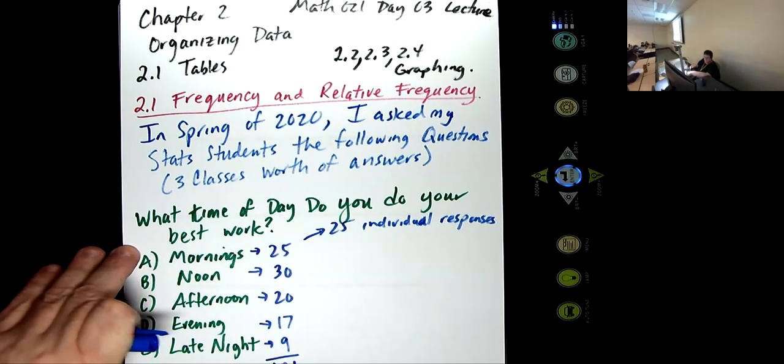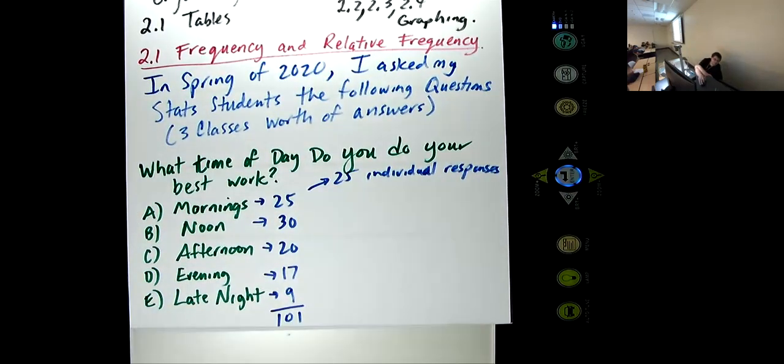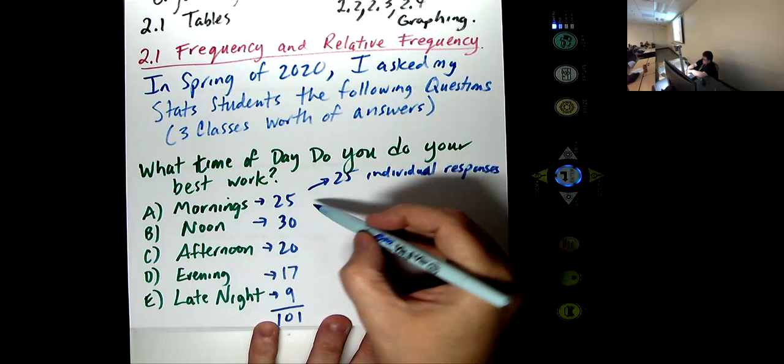If we add all these up, there were 101 responses. These are called the frequencies.